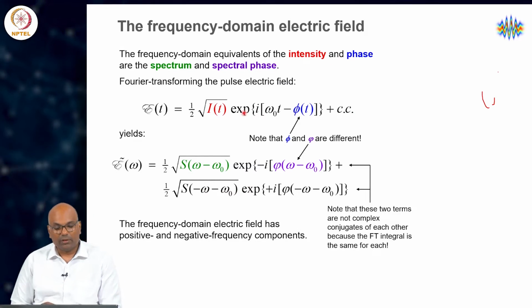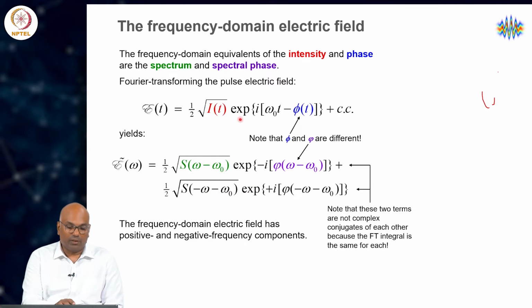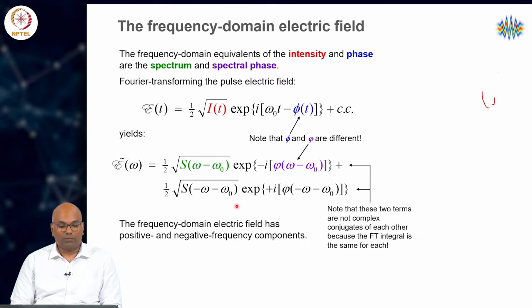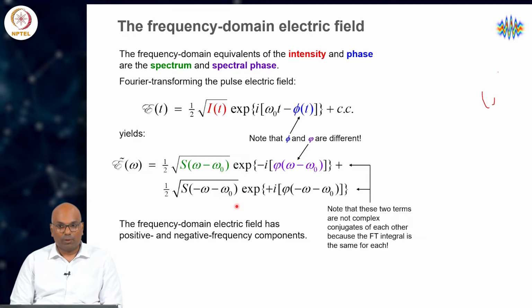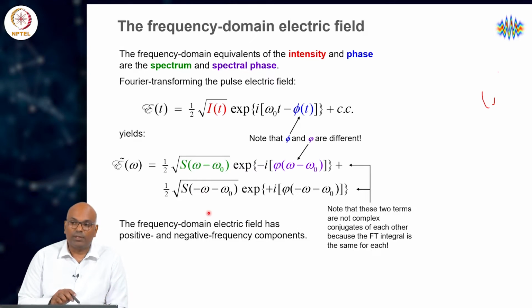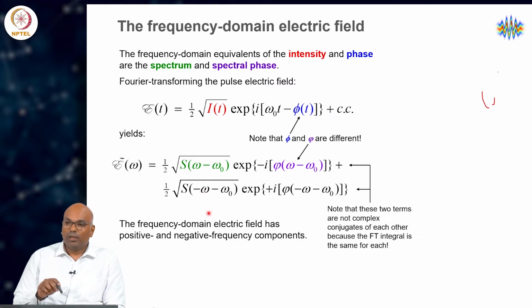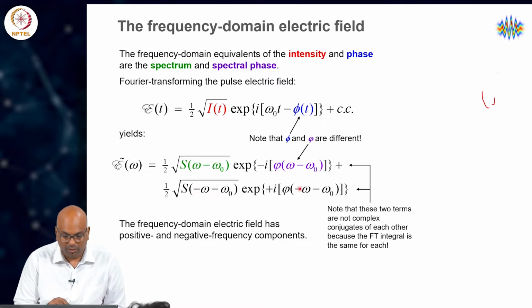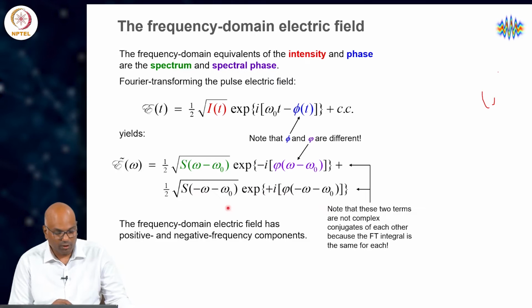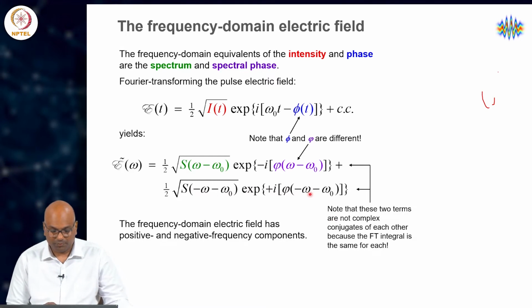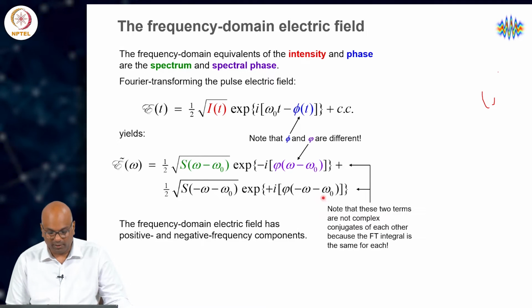Owing to the real nature of the fields and the fact that you have the term plus its complex conjugate, we get two pieces in the Fourier transform, which is S of omega minus omega naught, and the other necessarily on the negative frequency side, because both omega and omega naught being frequencies are positive definite, and the two negative signs here show us that this is on the negative side of the 0 of the spectral scale.